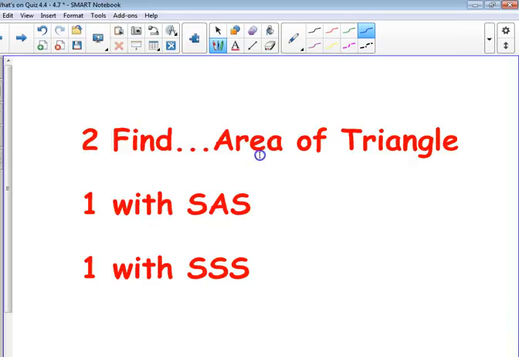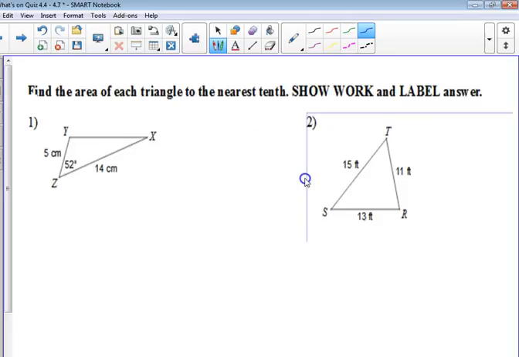So the first two questions ask you to find the area of a triangle. They look kind of like this. Do you know which formula you use for this one? It's area, guys. The two area formulas are on the bottom of the blue sheet.